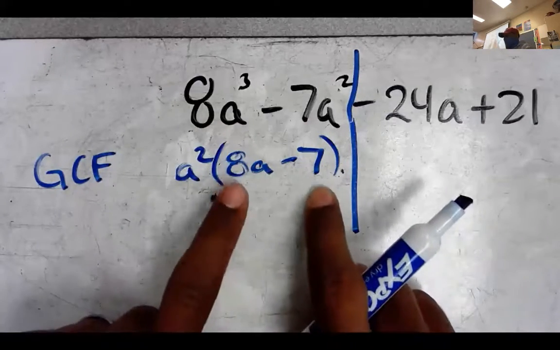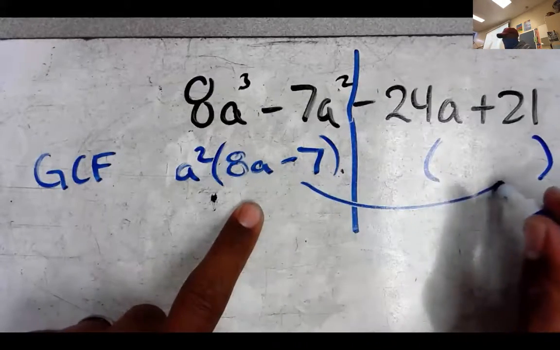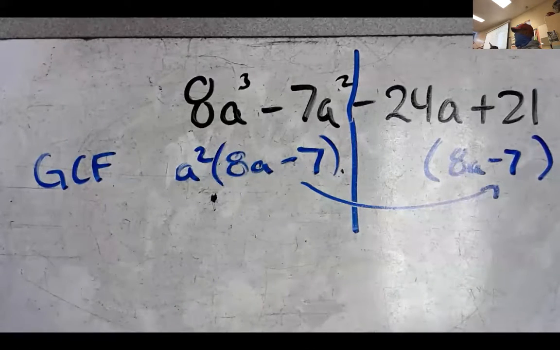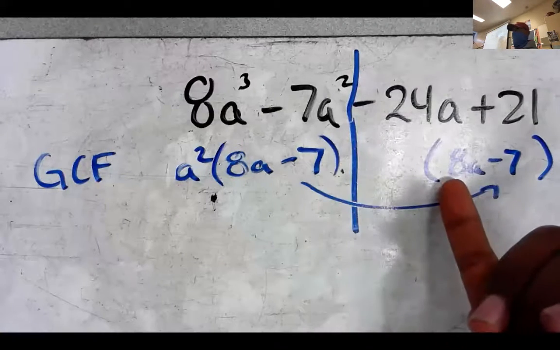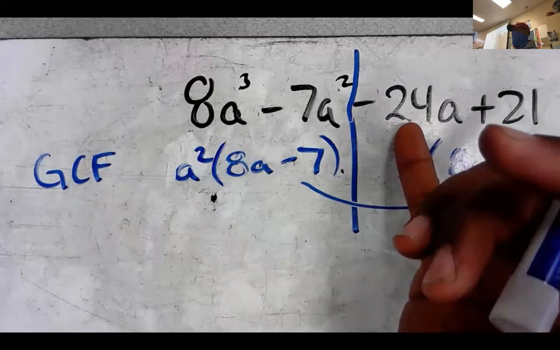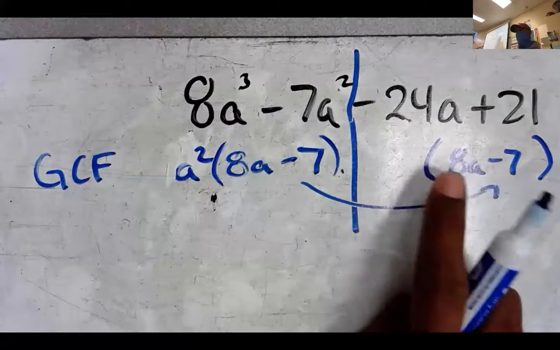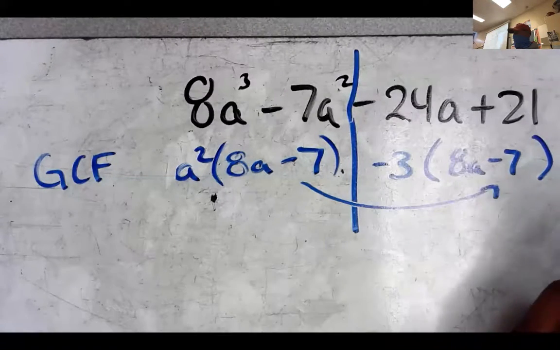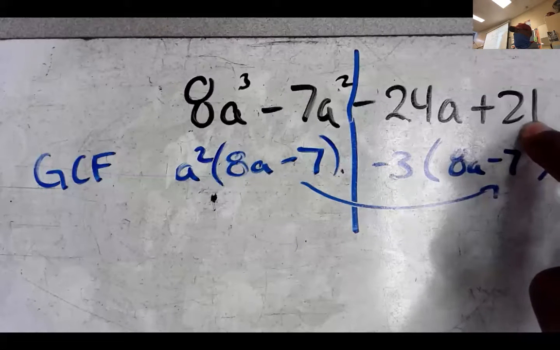Then I take this part of the factor and I repeat it over here. So I literally just carry this over here. Now I work the other way. What number would I multiply here times 8a to get the first term? So what number times 8a gives me negative 24a? Negative 3. And then check, does negative 3 times negative 7 equal positive 21? Yeah. Okay, so that works.